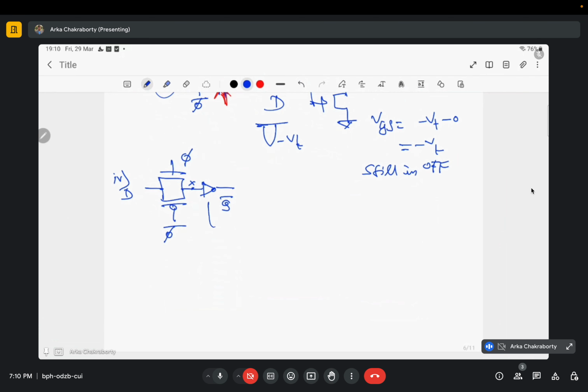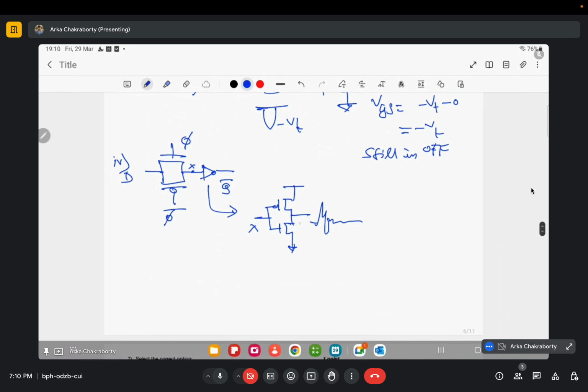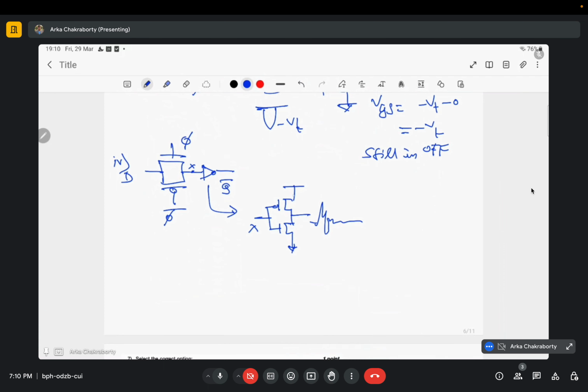If this is the buffer, this is the inverter that we are talking about, and this is the node X, so it's the output. If there are some noises here, say this kind of noises are present, still this is affecting the drain of the MOSFET, so it will not affect the gate.